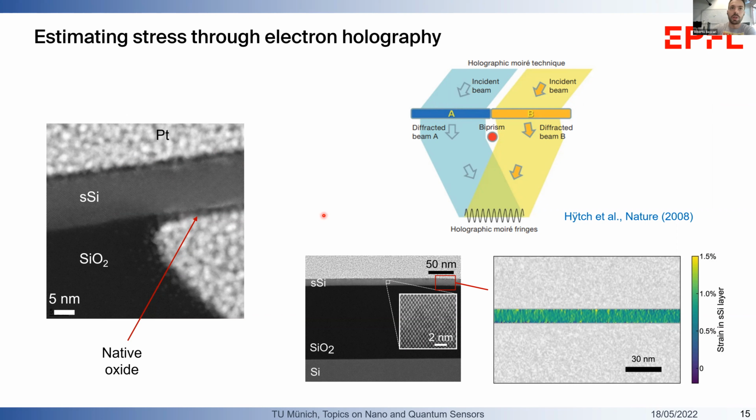We could then use another interesting technique to characterize the strain in the strained silicon film in electron microscopy, which is called dark field electron holography. It's similar to optical holography in the sense that you create interference between 2 electron beams, one of which is transmitted through the unstrained silicon substrate, and one through the strained silicon layer.